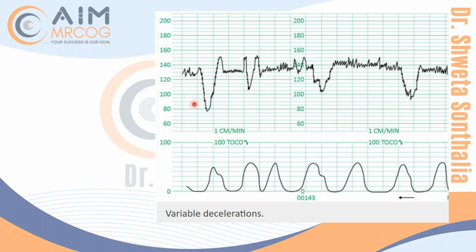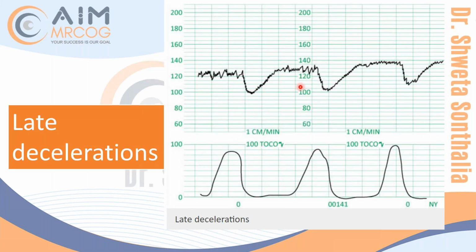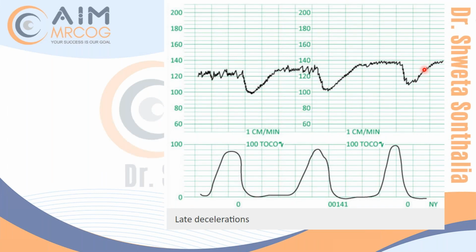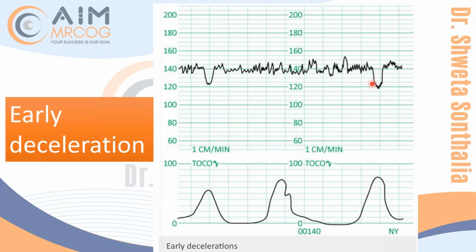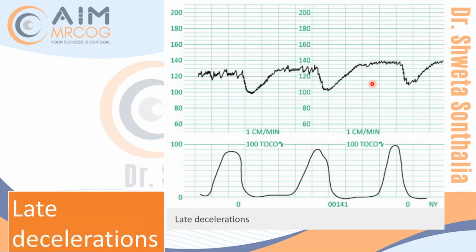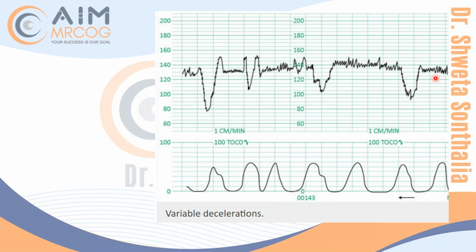All four decelerations are not looking the same to me. While if you see here, they are looking exactly the same. That's the difference between variable and the others. Variable will all look different. It could look similar, but it could look different.